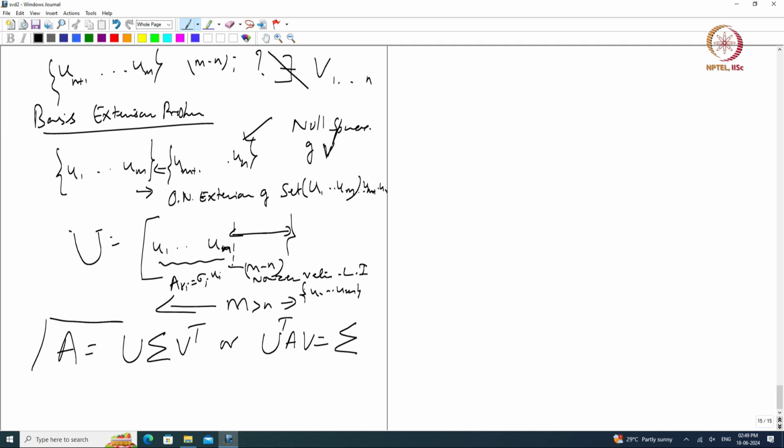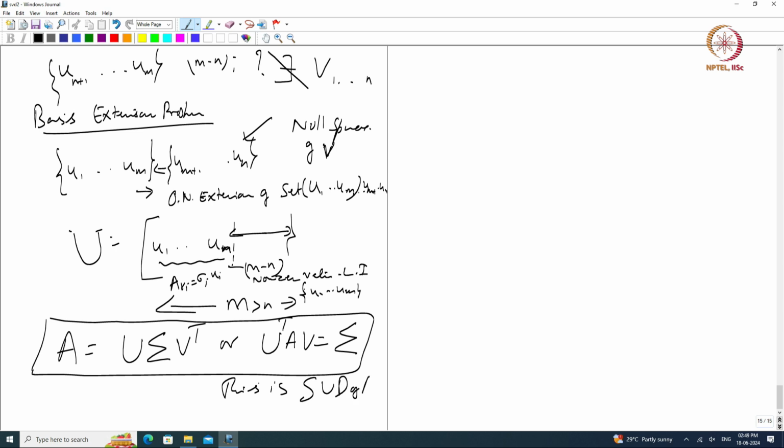This is the singular value decomposition of A. Of course, if A is m cross n with m less than n, this sigma will look like this.